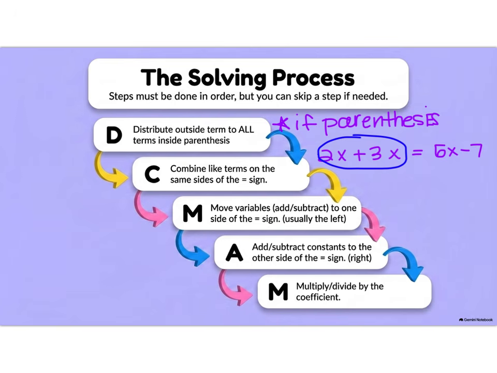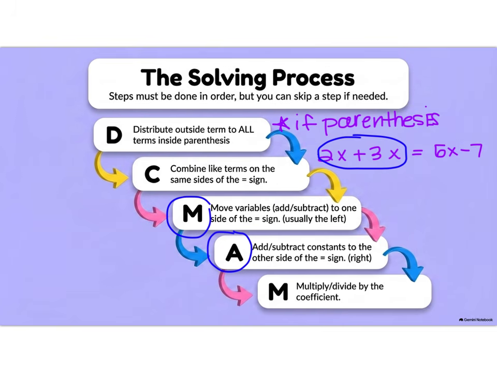Usually you can move it to the left if you always want to have the same step, but it doesn't really matter what side you move it to. Just know that for these two steps, if you move your variables to the left, then you have to make sure that you move your constants to the right, and then vice versa.